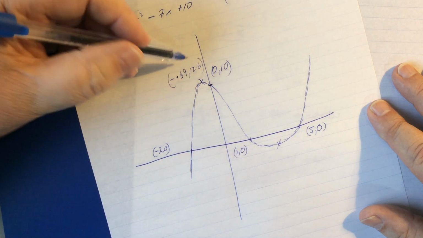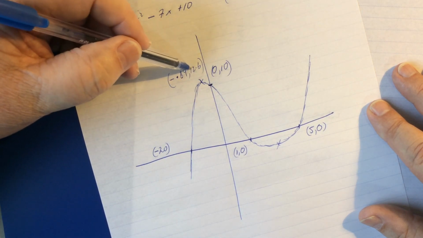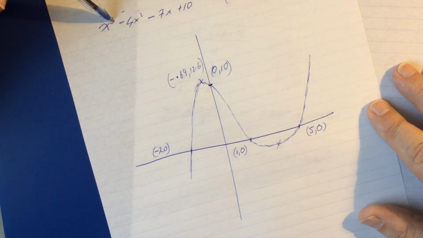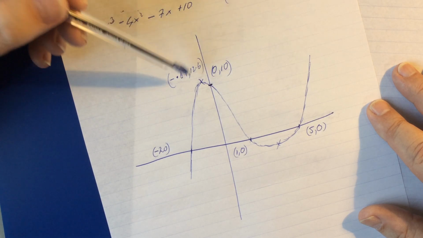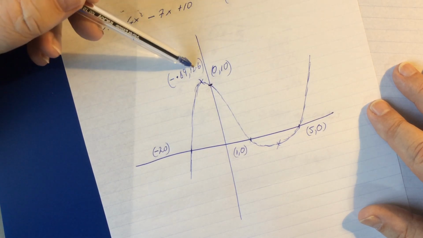So the coordinate of this turning point is negative 0.69, 12.6, and that is achieved by solving the differential of this for 0, taking one of the solutions and putting it back into this to get that.